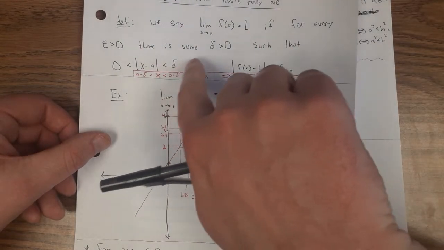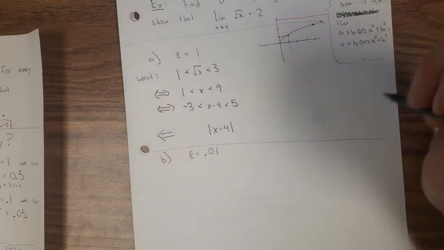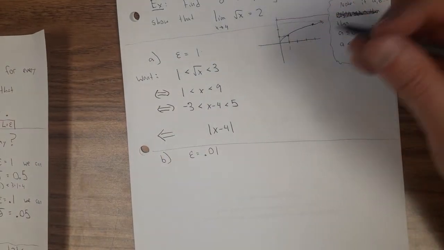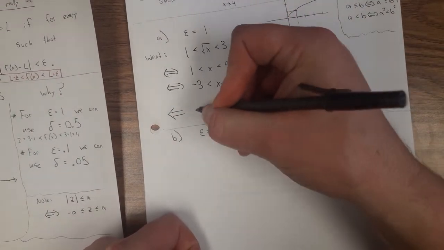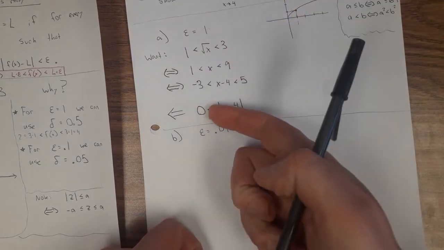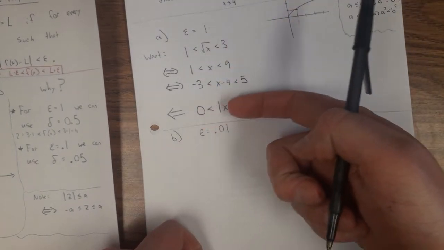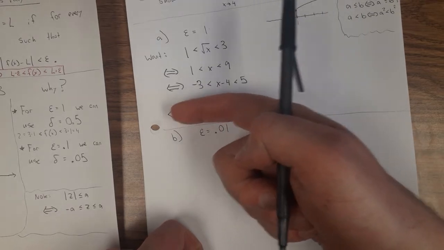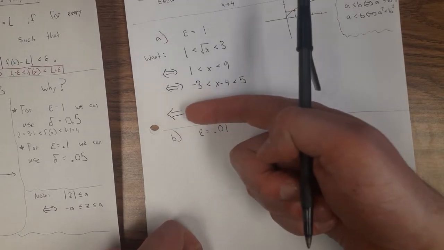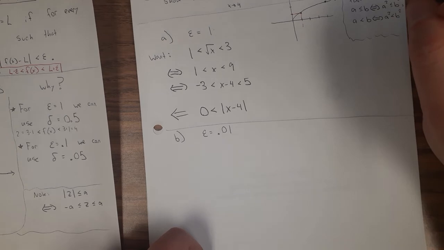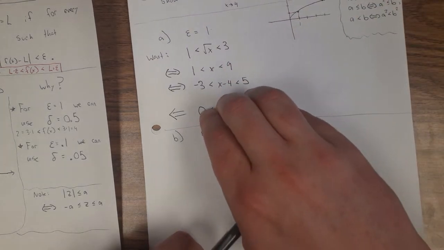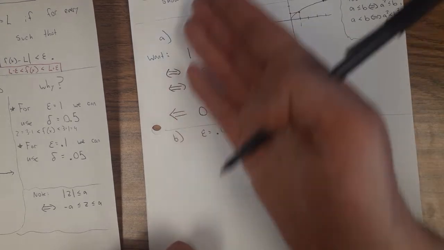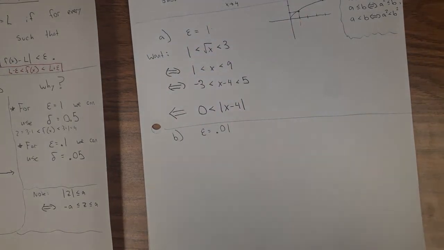So here the arrow's going forward, but the way I'm writing it, I need this to go backward. And how does this need to look? First of all, I can put 0 here. That never hurts. Putting additional assumptions here never hurts the fact that this will imply going backwards. It never hurts to add additional assumptions if the statement you're adding the assumptions to is supposed to imply something else.